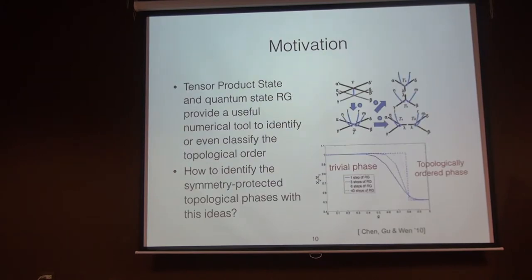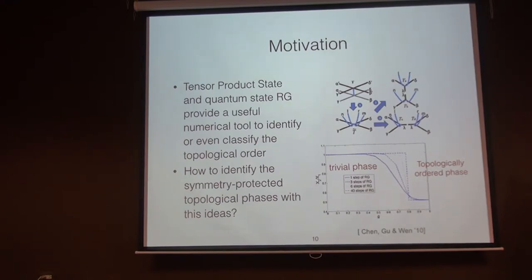Then I think we would like to ask a question: how to detect the symmetry protected topological phase? We know that in Frank Pollmann's work, they measure the projective representation, and here I would like to use another way.